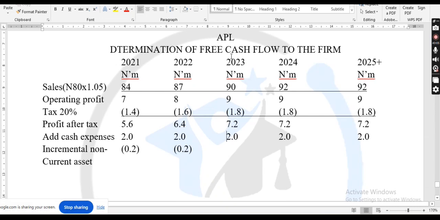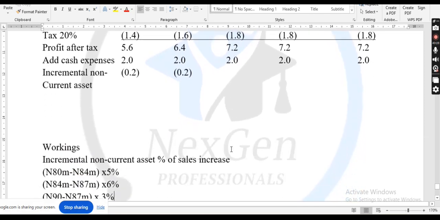You can see that the question is kind of technical. If you don't understand these terms, like percentage of increase, some students will just multiply by 84, forgetting that you need the increase in sales. So give me the figures. What do you have here?